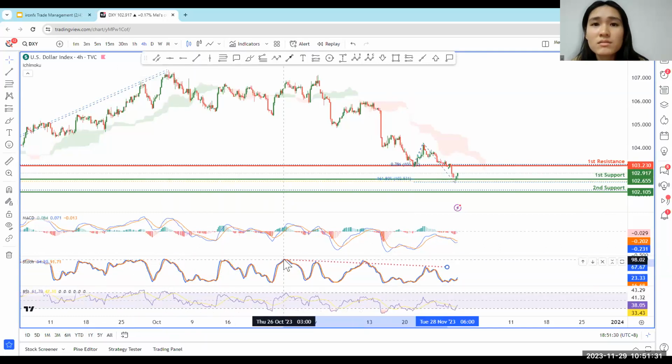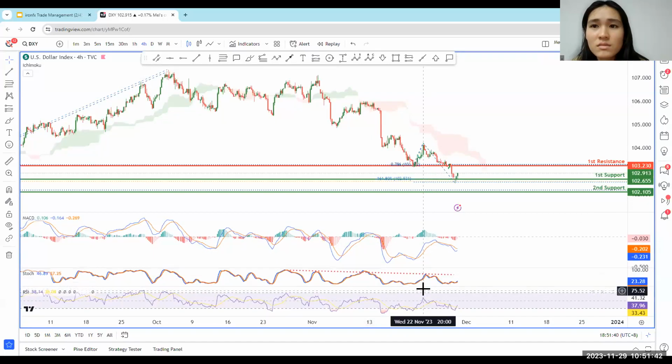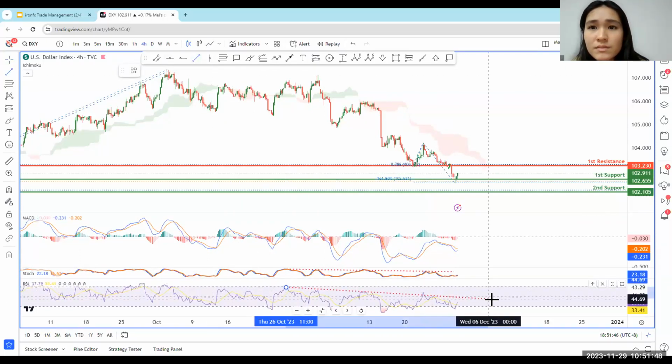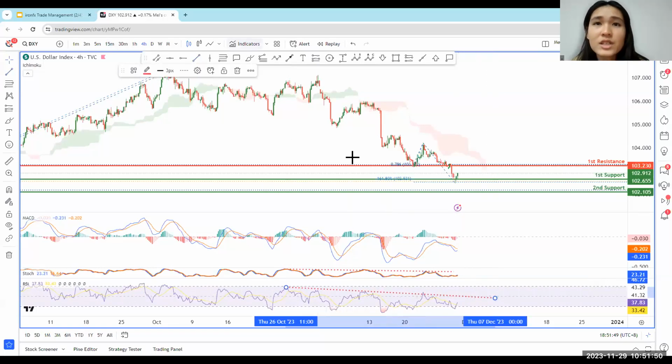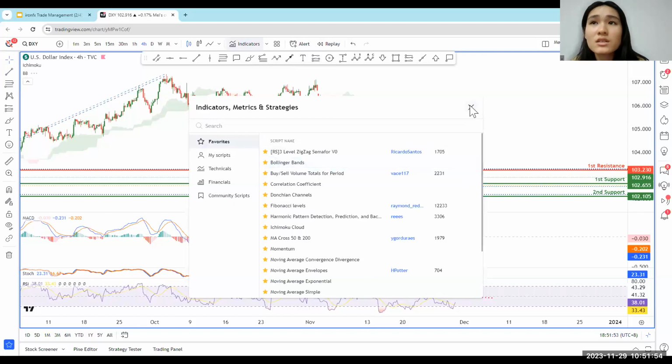Our RSI is also moving in this ascending trend line. So pretty bearish signals here.